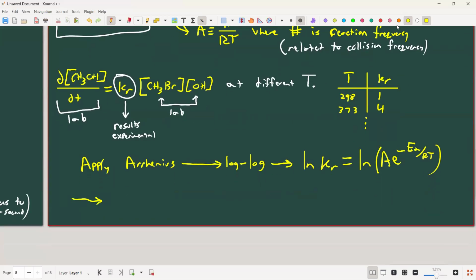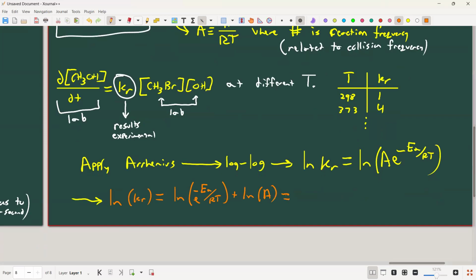This says that the log of Kr is equal to the log of e to the minus EA over RT, plus the log of A. And log of e is 1. You can bring out the exponent. So we're left with minus EA over R times 1 over T plus log of A is equal to the log of the rate constant.